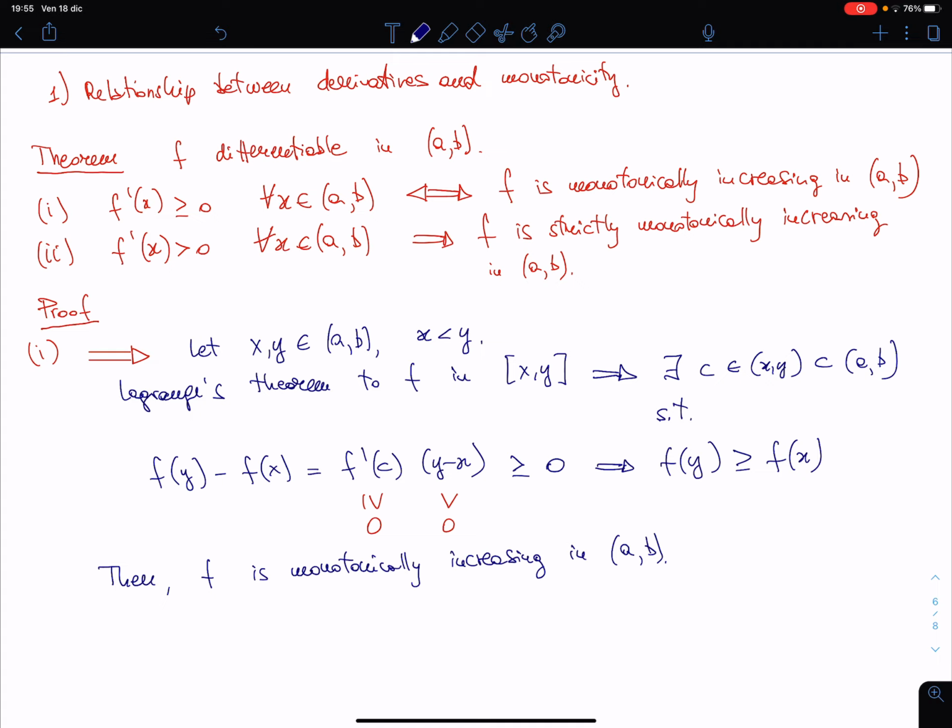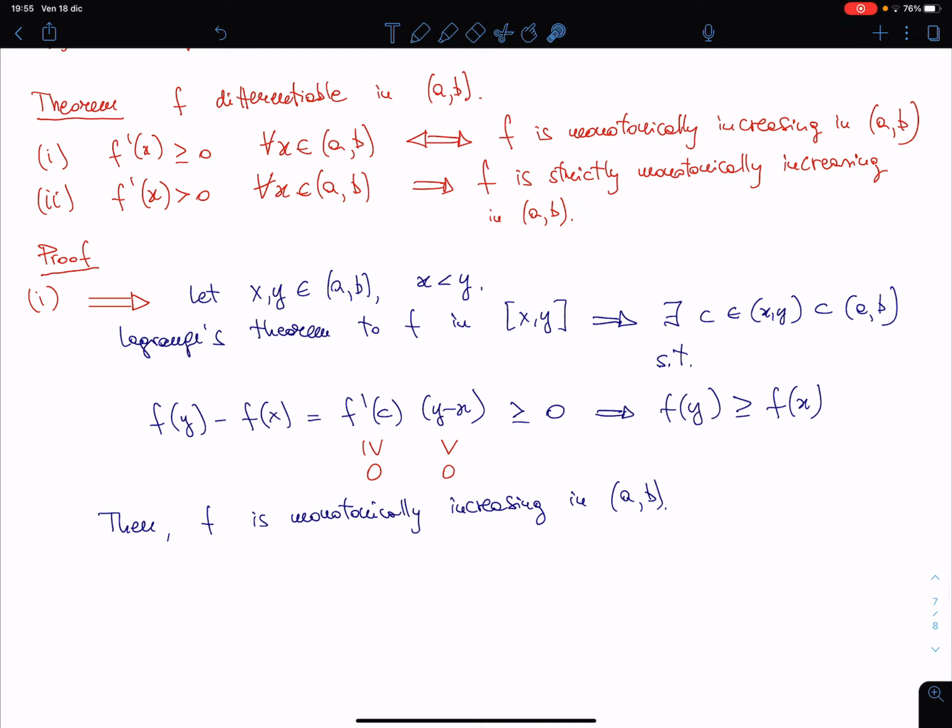And now let us see, still for point 1, the inverse.